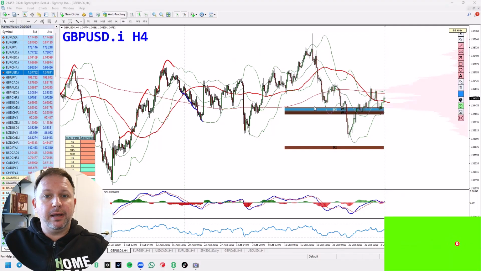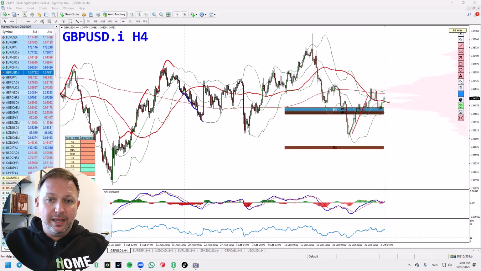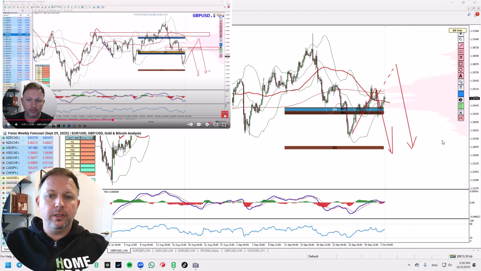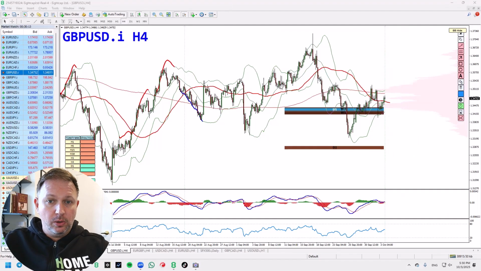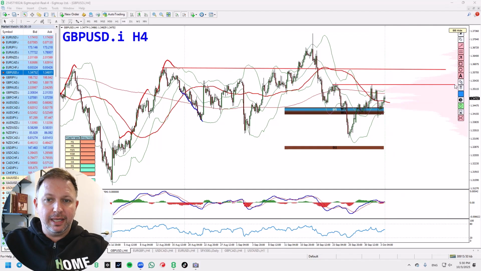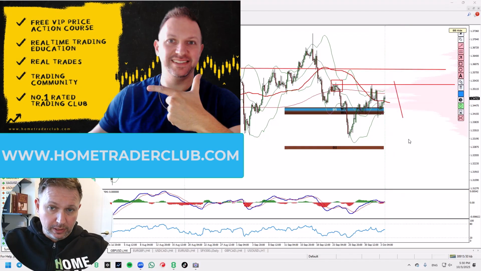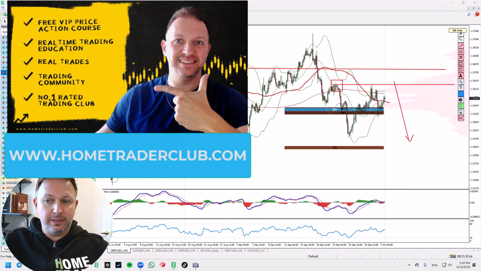Last week on the pound dollar we discussed the scenario that we expect to see the push down after the retraces, from this key supply zone and this key supply zone, that as long as they hold, we do expect to see the move to the downside.